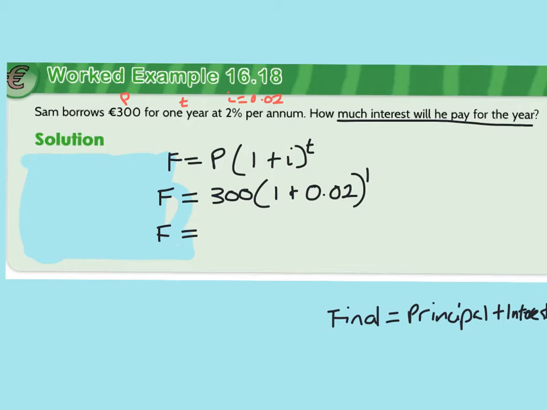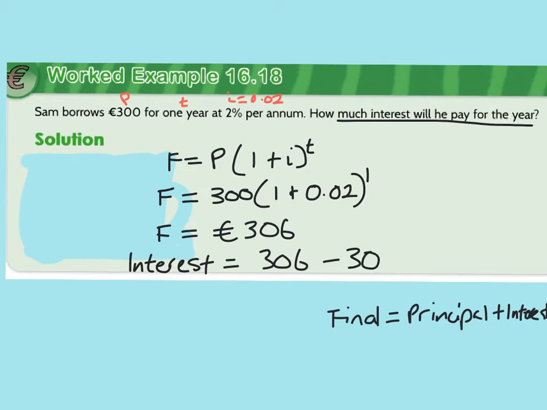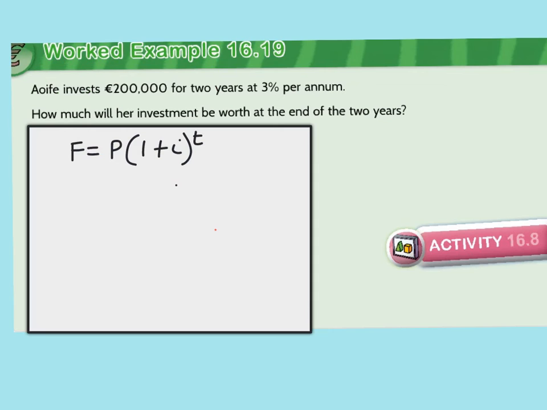So my final amount is 306. And I've just said that in order to get my interest, so interest will be 306, my final amount, minus my principal, which gives me €6.